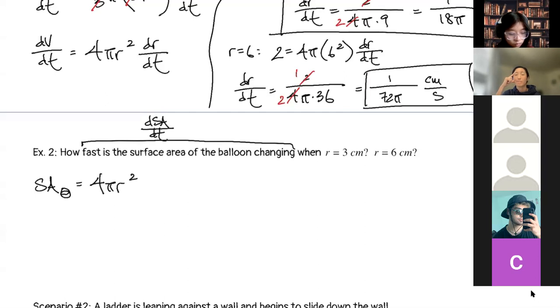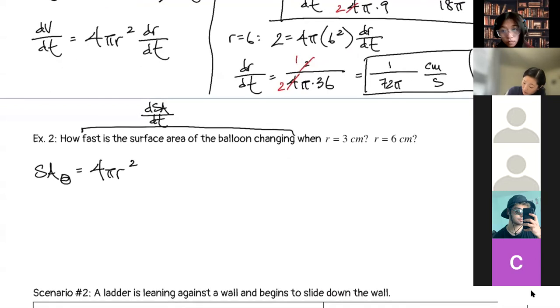Okay. So let's do that. Let's find our derivative. dSA dt equals, what's the right-hand side of this equation going to become? When I take the derivative of 4 pi r squared with respect to time.